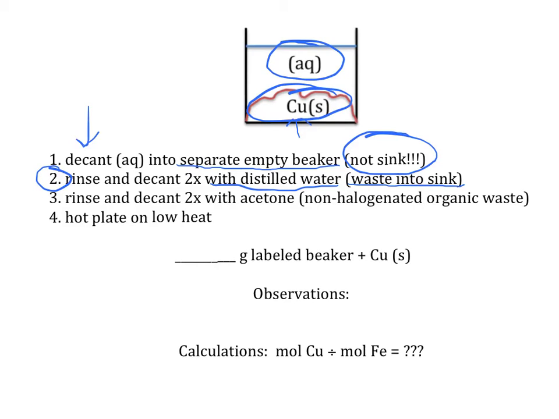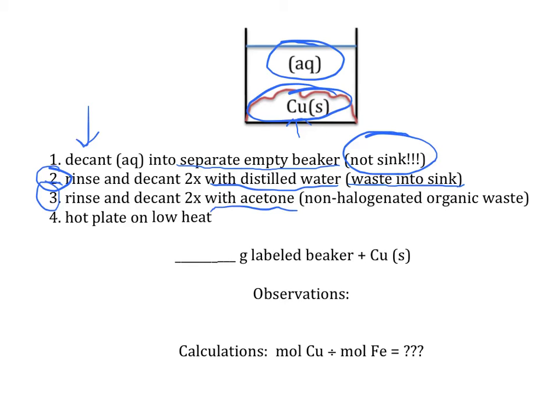So what we're going to do next is repeat step 2, except this time we're going to use a chemical called acetone. So you're going to squeeze acetone down the sides of the beaker, the insides, rinse that off, and rinse off the copper. And then decant off the acetone into that same separate empty beaker you used earlier. Do that twice.